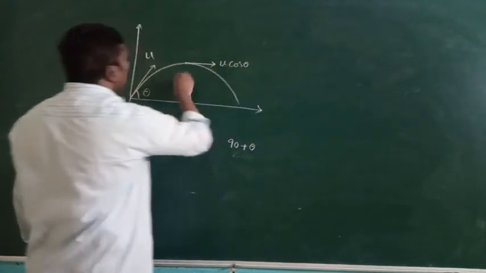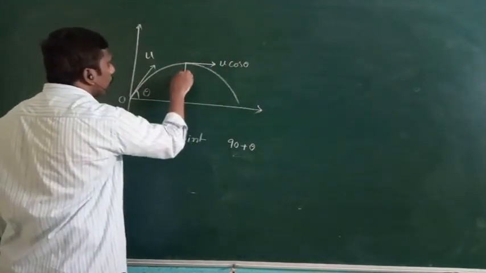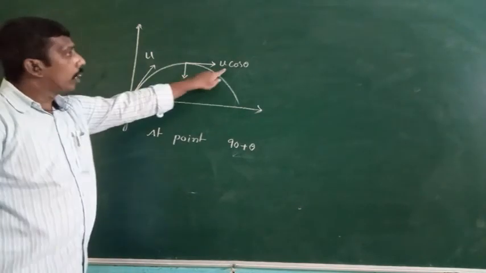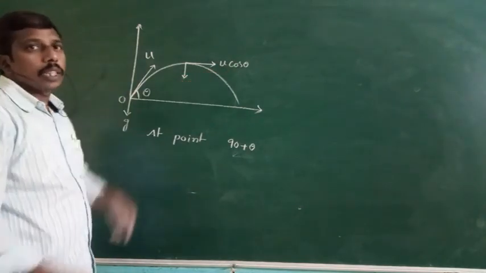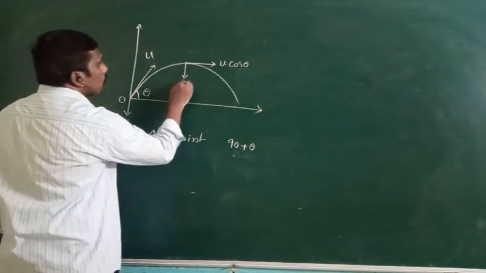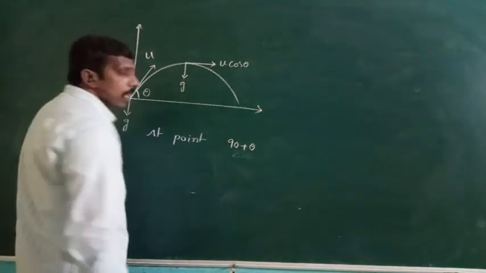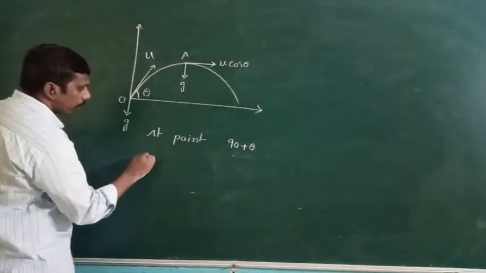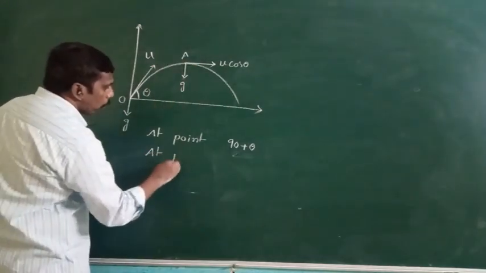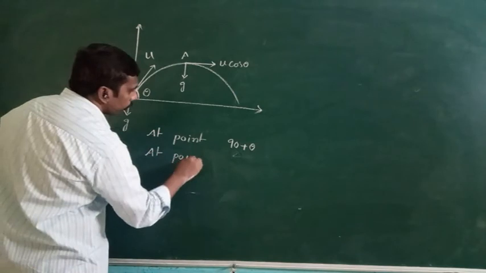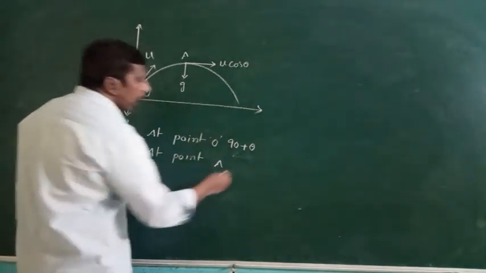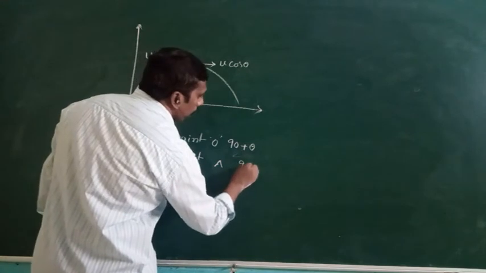In this case, acceleration is acting vertically downward. If you observe here, the angle between velocity and acceleration is 90 degrees. So this point is taken as the maximum height point, which I denoted as point A. At point A, this is point O, here the angle is equal to 90 degrees.